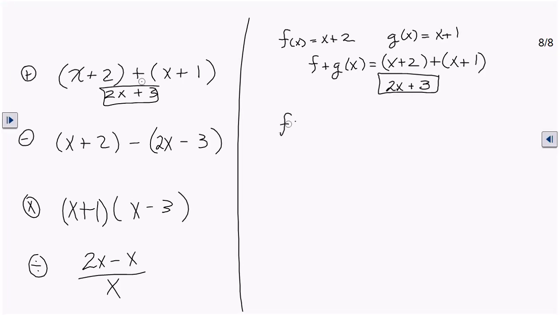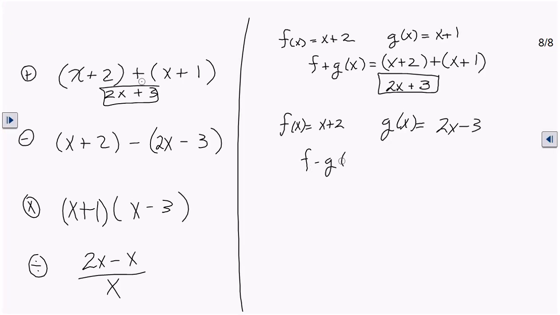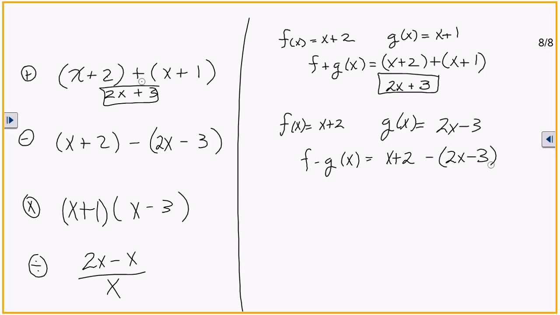F of x is equal to x plus 2. G of x is equal to 2x minus 3. And f minus g of x is equal to x plus 2 minus 2x minus 3. And what's x minus 2x? Negative x.